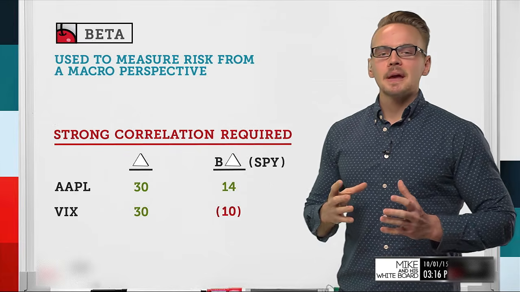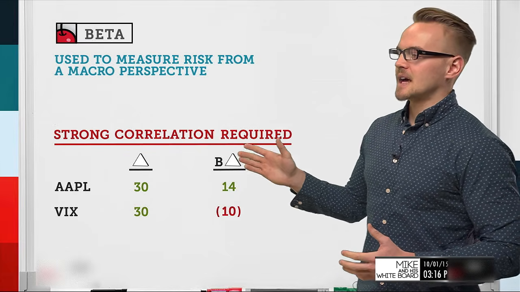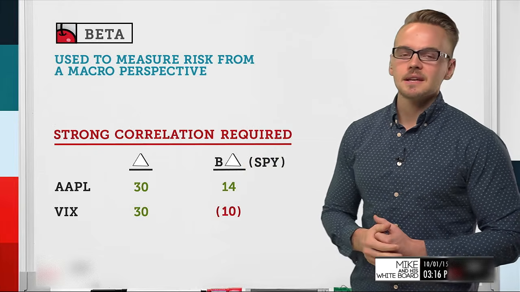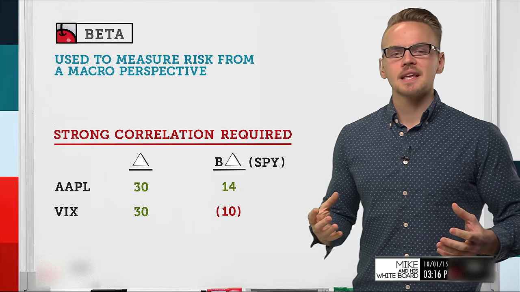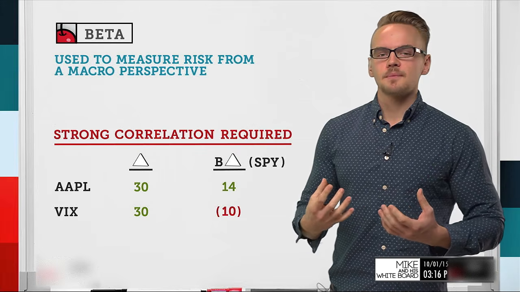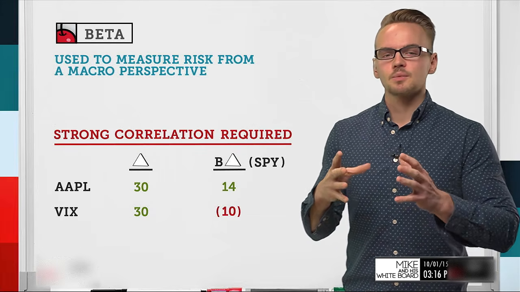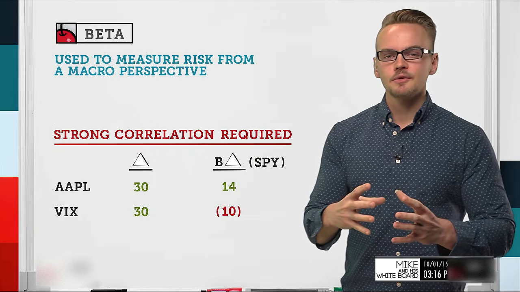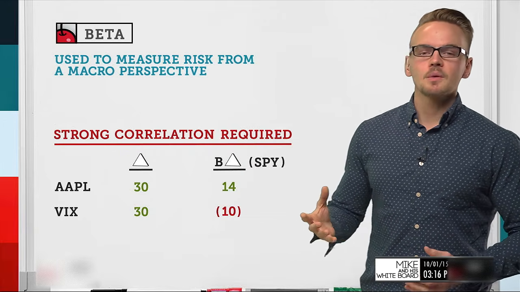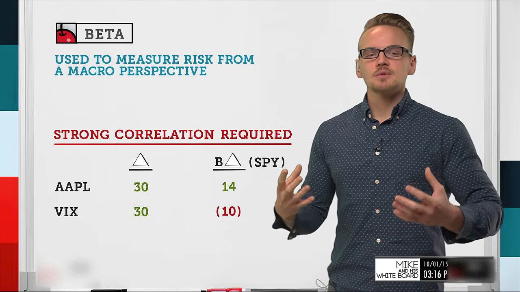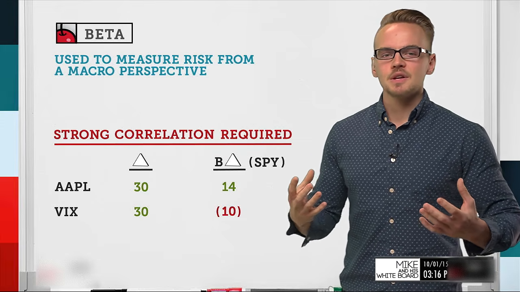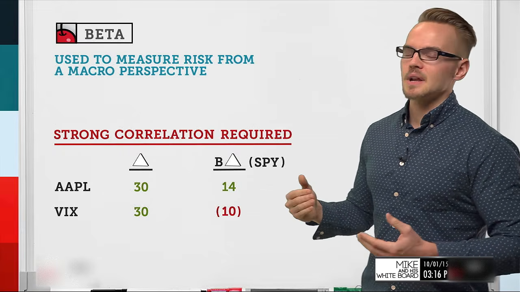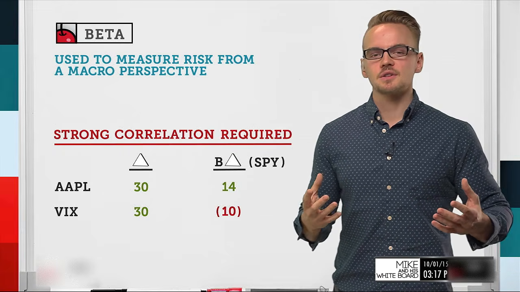If I beta weight that spread to SPY, we can see I now have a beta weighted delta of 14. So this tells me I might have a strong delta of 30 with just the raw position, but when I measure that raw position against the market move, it's a much lower delta. It's a great way to measure your portfolio on a macro level and make sure we're not too long or too short in any certain underlying.